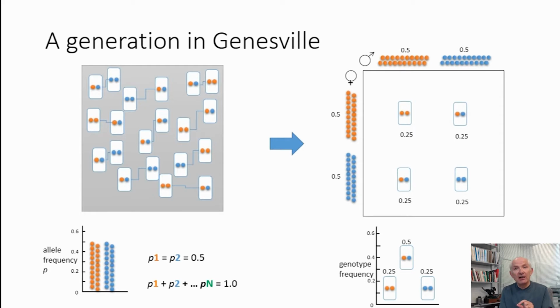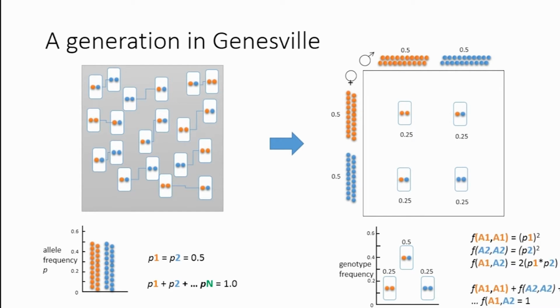Now we can generalize the mathematics that you need to calculate those genotype frequencies if you know the allele frequencies, like this. So the frequency of the homozygotes, in this case first line A1 homozygotes, is equal to the square of the frequency of the A1 allele.